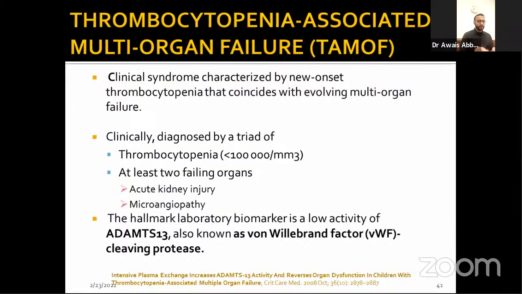Clinically, we diagnose it by a triad of thrombocytopenia and at least two failing organs, like acute kidney injury or acute lung injury, and the pathophysiology behind those failing organs is microangiopathy.